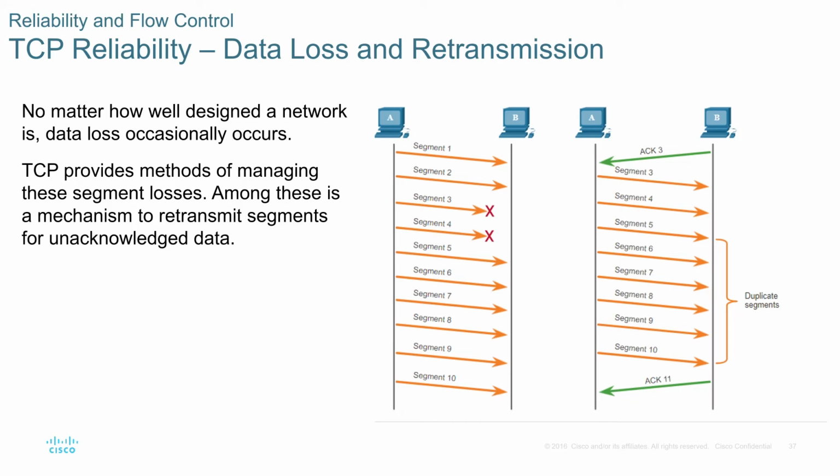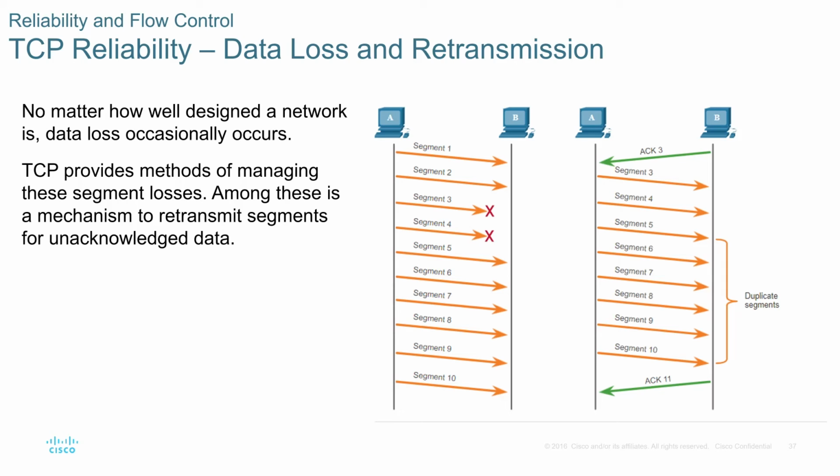As we can see here, segments 3 and 4 did not arrive. B can therefore request that 3 be resent through the acknowledgement.